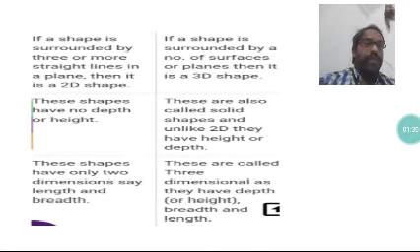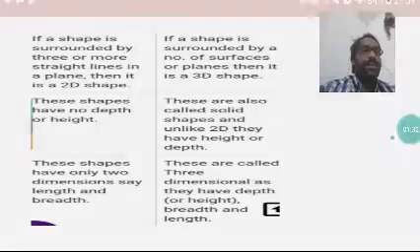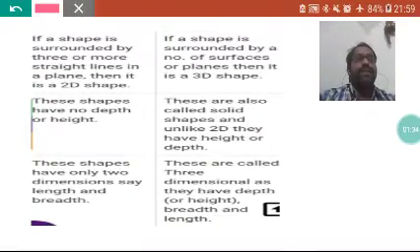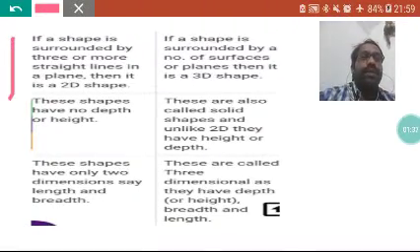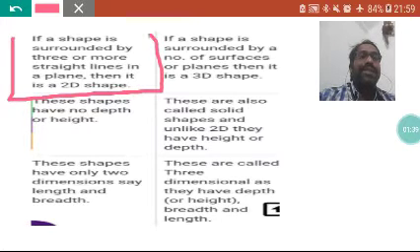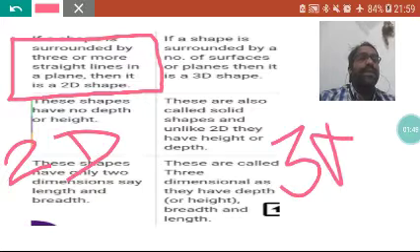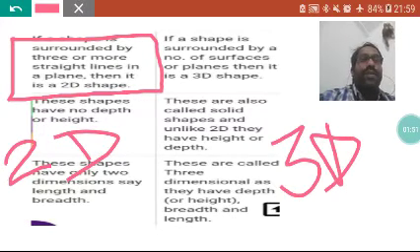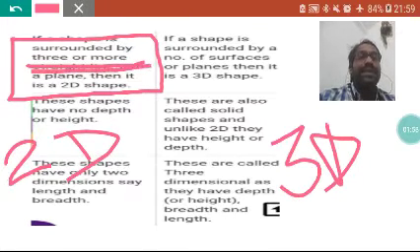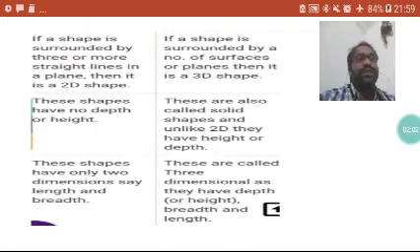Okay, so here the difference is given. This is the first one. This side we have 2D shapes, this side we have 3D shapes. It is saying that a figure surrounded by 3 or more straight lines in a plane is a 2D shape.